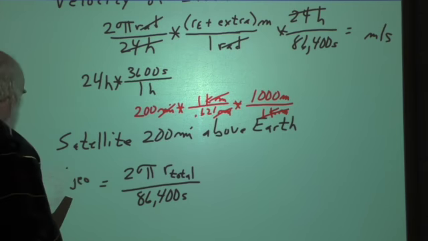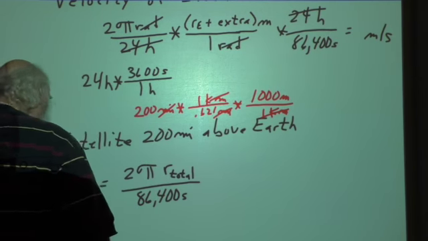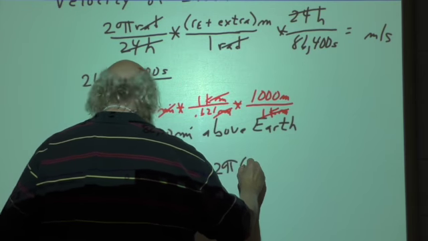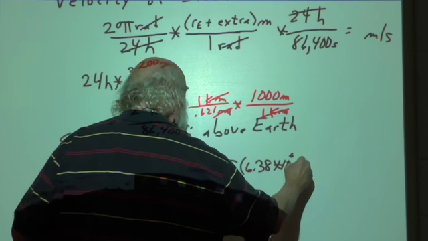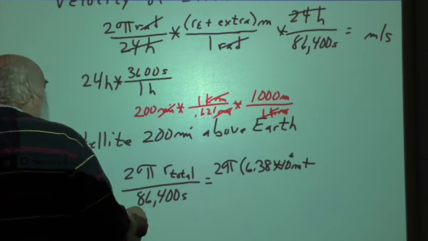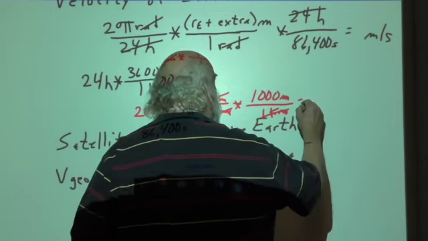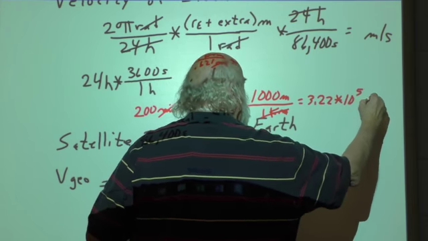Now, we also know that the radius of the Earth is 6.38 times 10 to the 6th meters, so 2 pi times 6.38 times 10 to the 6th meters, plus whatever this turns out to be, and it turns out that is 3.22 times 10 to the 5th meters.